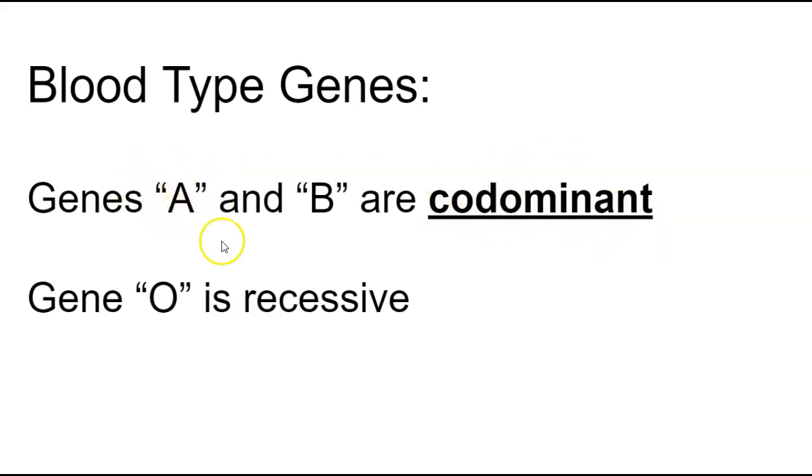A is dominant by itself, B is dominant by itself, and when they're both together, they're dominant together. I'll show you what this means in a second. The O gene, however, is recessive, okay? So typically in regular genetics problems, we only have one dominant and one recessive. Here we have two that are dominant and one that is recessive. If you need more time to write, go ahead and pause. I'm going to move on.